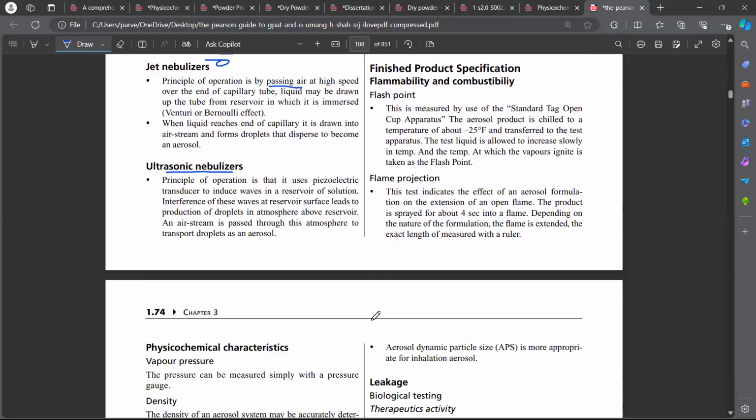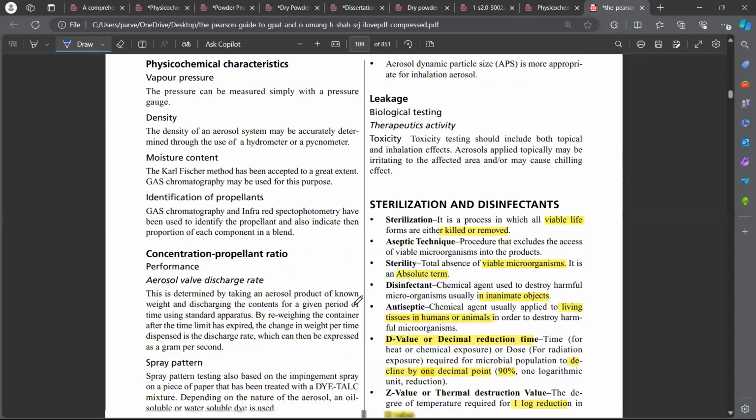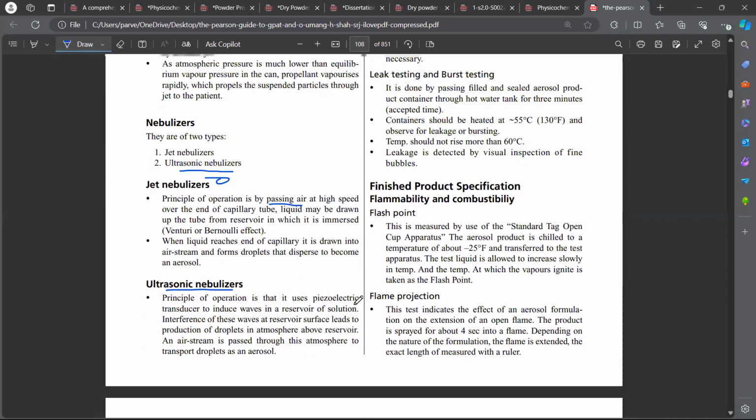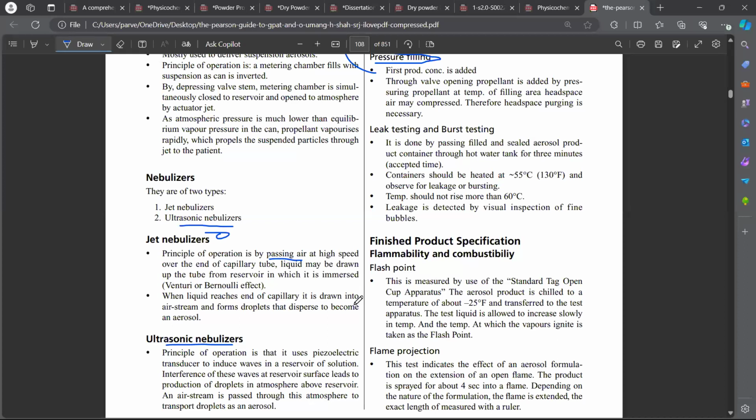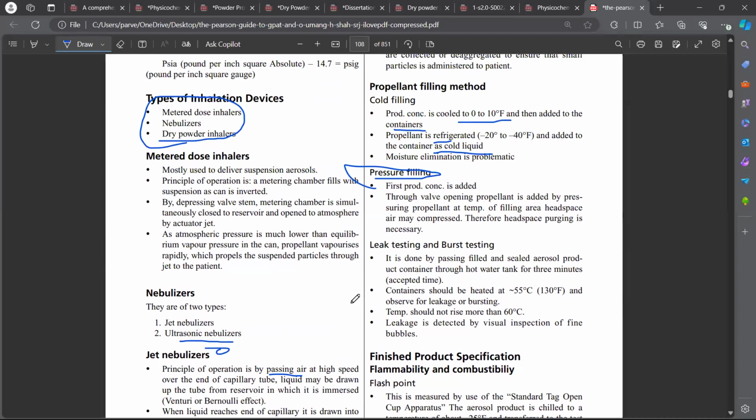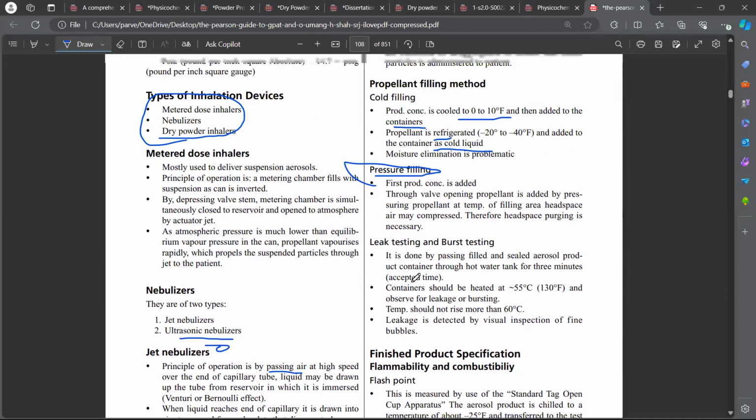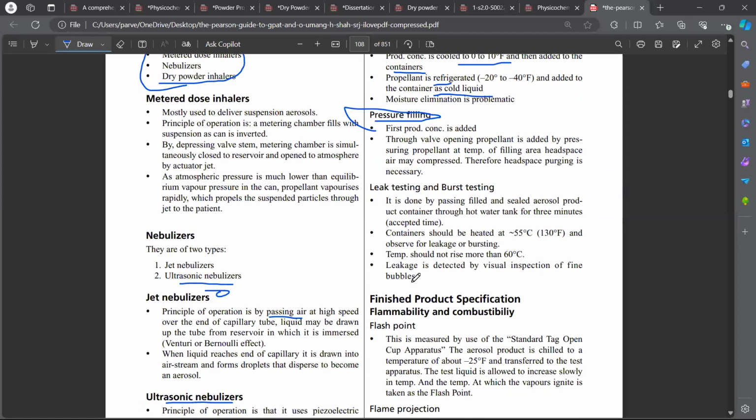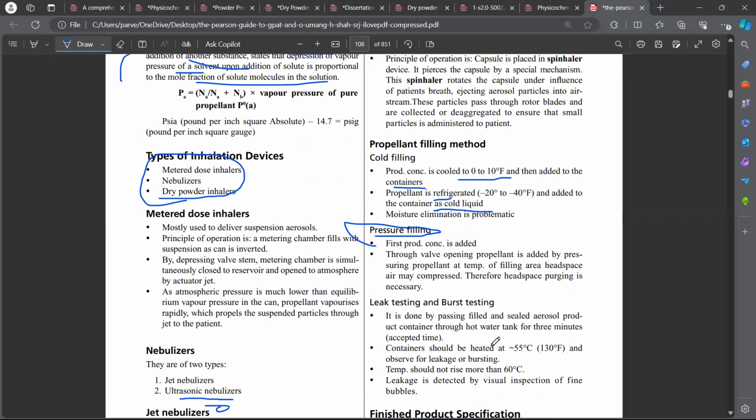So next, another important topic is the specifications for the quality control tests for aerosols, which mainly include flammability and combustibility tests. So guys, could you tell me what is the apparatus used for flashpoint testing?